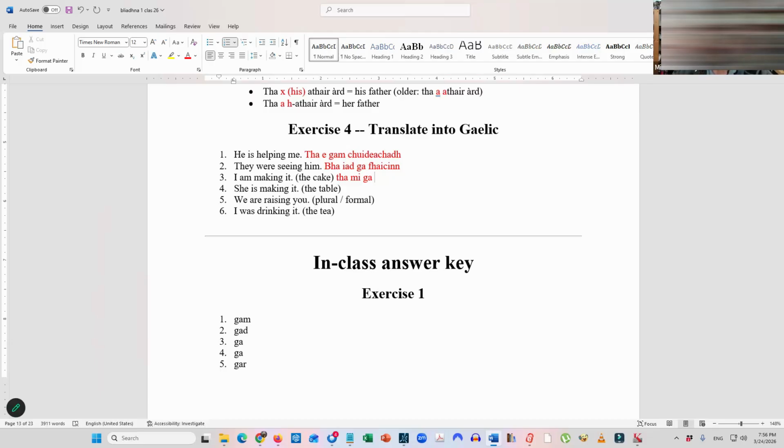What do you think? Cake, CEIC, would be masculine or feminine? My guess is it's feminine culturally. Very good. So it wouldn't lenite then. Ha mi ga... cake. Not Jenna. Because cake equals feminine.